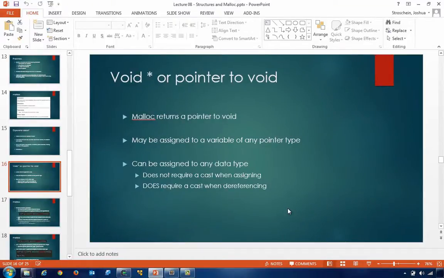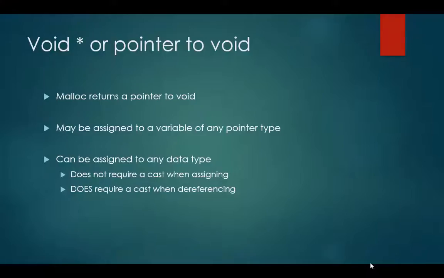And so when we go through the code, you'll see that we're going to typecast that void pointer to the type of data that the pointer is eventually going to point to. There's a couple things you need to keep in mind as we start working with the void pointer, and that's really these last two bullets right here. Assigning does not require a cast.